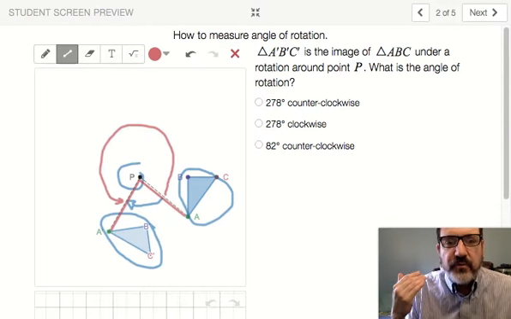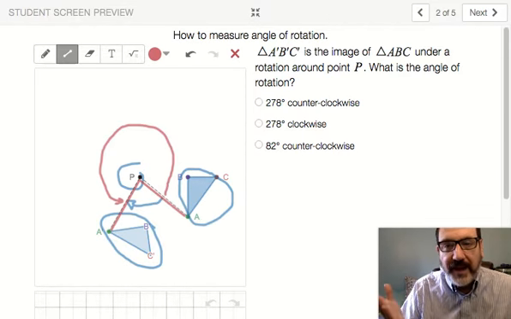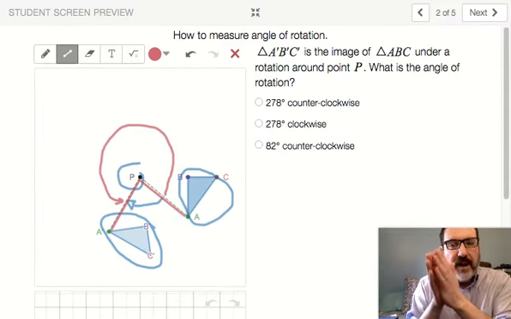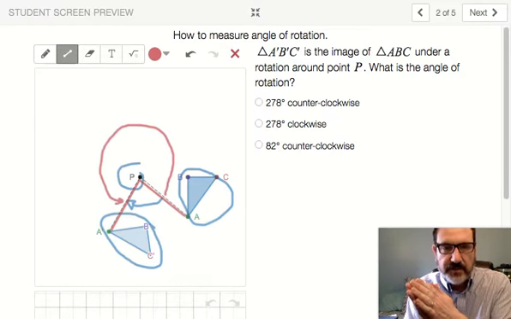So I've drawn in the angle, and notice it goes from A to A prime. You want to go from a point on the pre-image to a corresponding point on the image. It could have been from B to B prime or C to C prime. Those also would work.